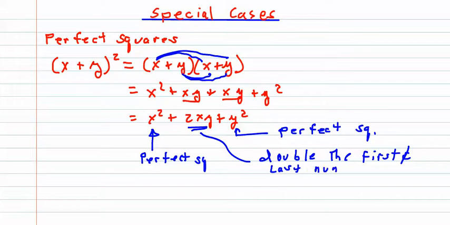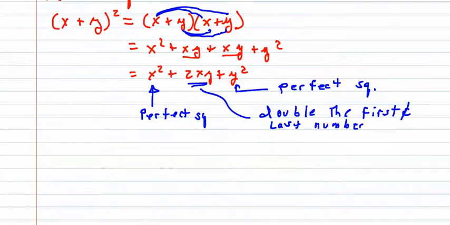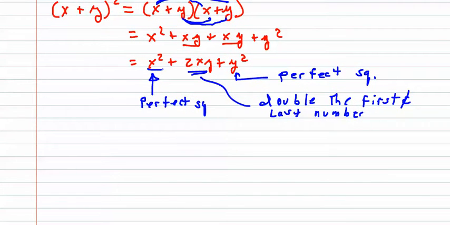If you are asked to factor something and see something in this form, perfect square, and double the square root of each of these numbers, and I'm going to give you a couple of examples here, then it's really easy to factor.